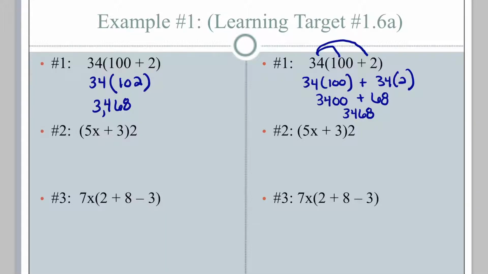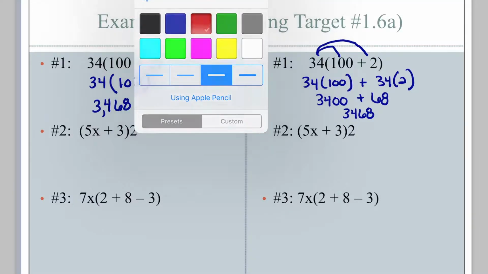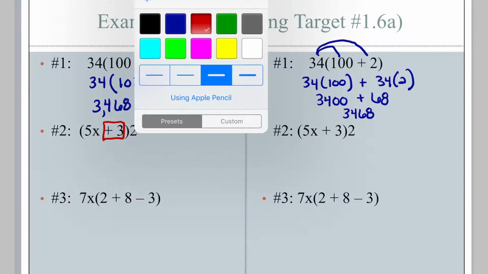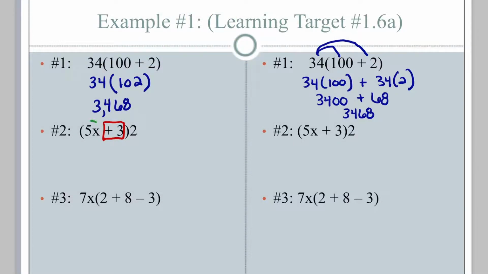So hit pause and work the next two examples on your own. Actually, before you do that, let me work this next one because there is a variable included. Then you can work the last one on your own. So let's work this next example together. In this case, we have a constant of 3 and we have a variable with a coefficient of 5x.